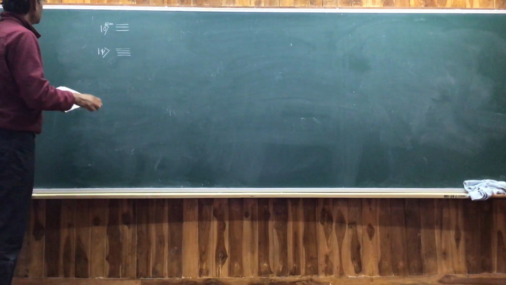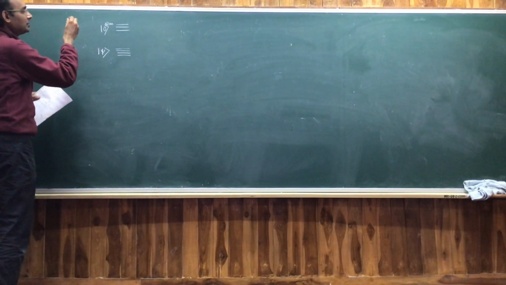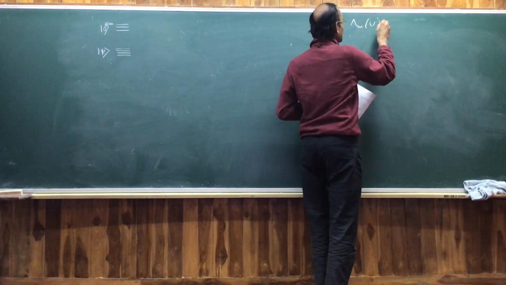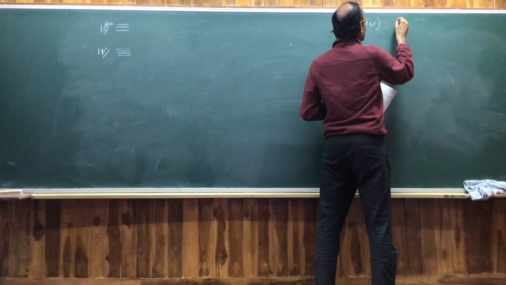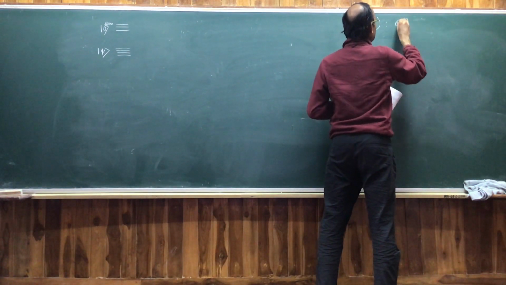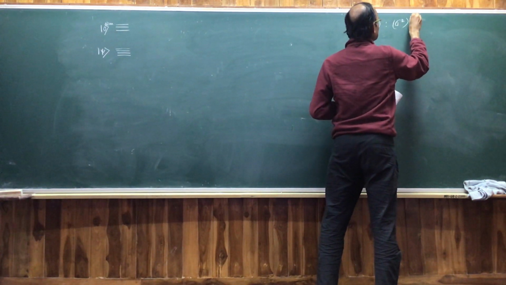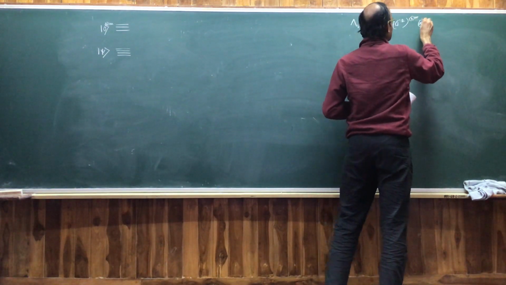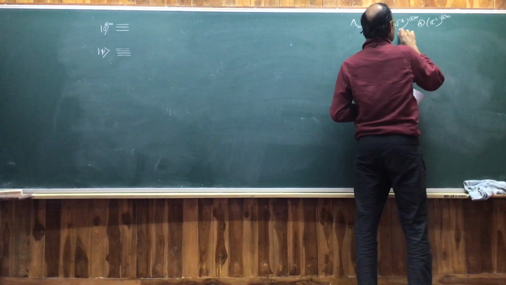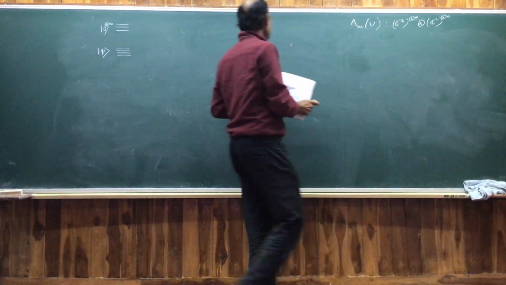So you remember that our lambda mu was an operator that acts on C2 tensor M tensor C2 tensor N, and this is the control and this is the target.